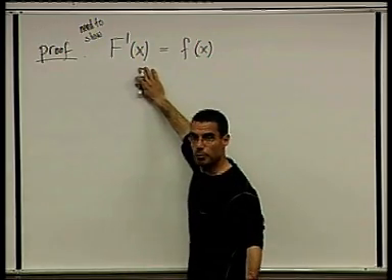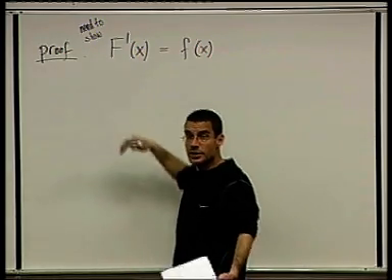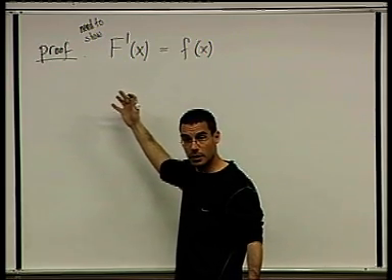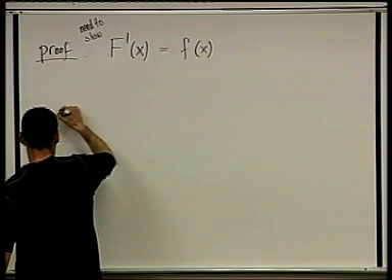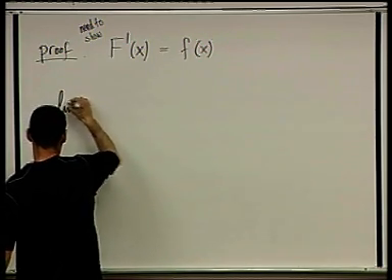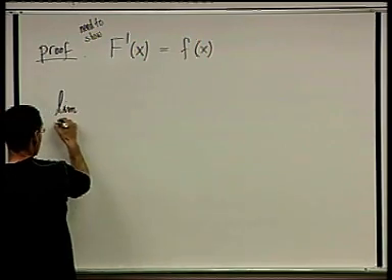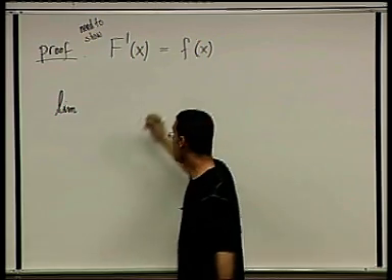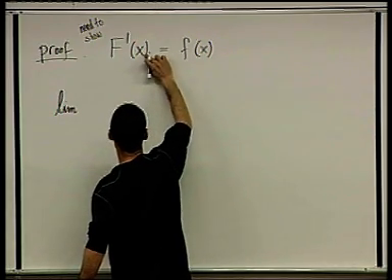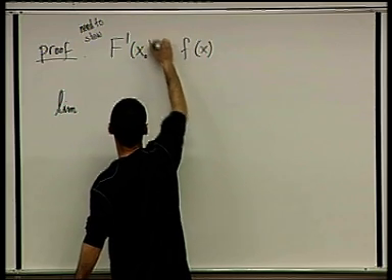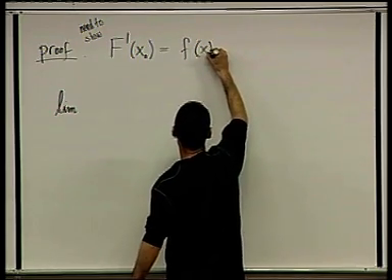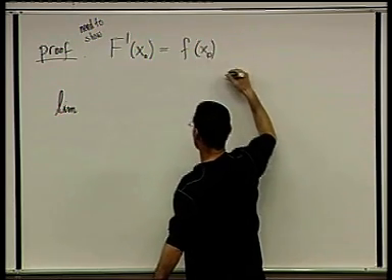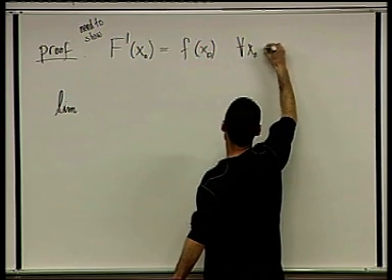What is big F prime? I'm going to go to the definition of the derivative and apply it on big F. So what's the definition of the derivative? It's the limit as, so I want to show that this holds for any x. That's the statement. So I'm going to fix an x0, and I want to show this for any x0 in (a,b).